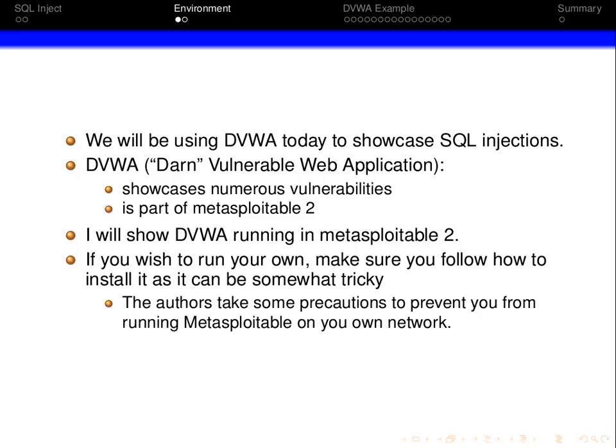So I'm just going to be showing DVWA running on Metasploitable 2. You can always run your own by downloading the Metasploitable 2 ISO and running from there. Do keep in mind that when you're trying to set it up, the authors took a lot of precautions to prevent you from running Metasploitable on your own network, probably because it's easily broken into.